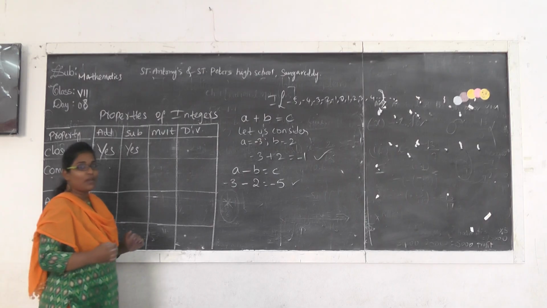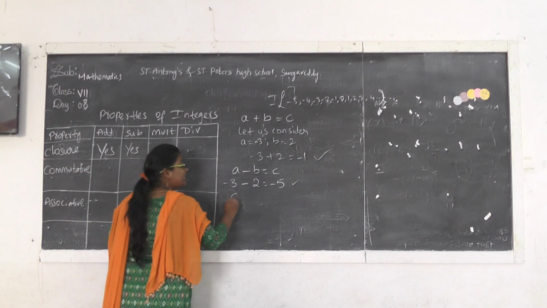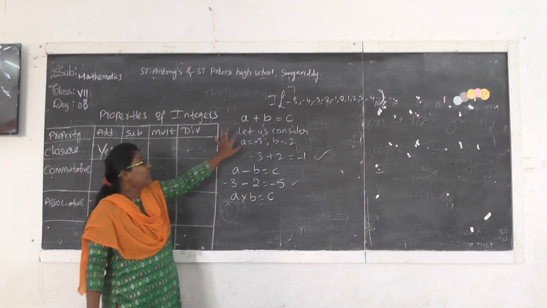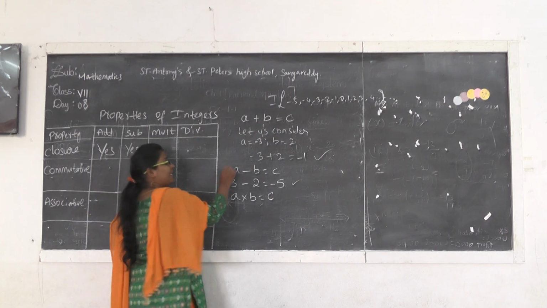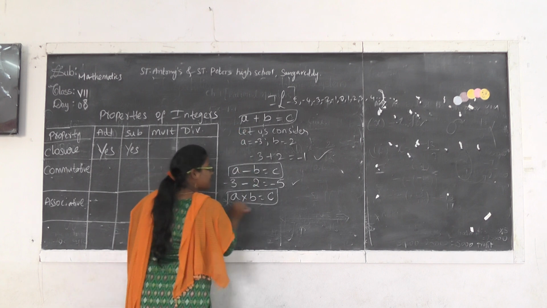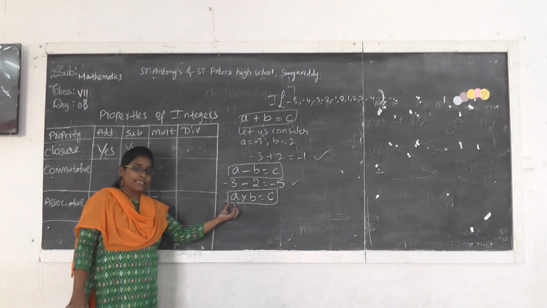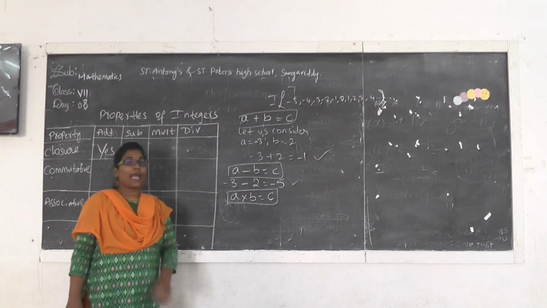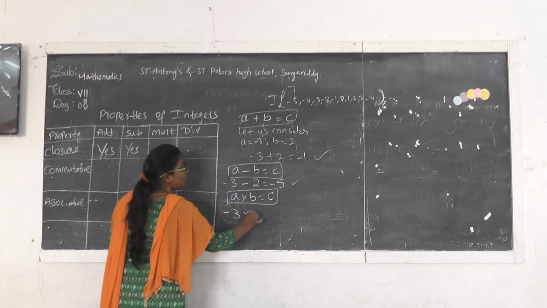Okay. Now what about multiplication? Can you derive the formula? It is A into B equal to C. Under addition, A plus B equal to C. Under subtraction, A minus B equal to C. Under multiplication, A into B equal to C. Here, if A is an integer and B is an integer, the result C should also be an integer. So how? Minus 3 into 2.